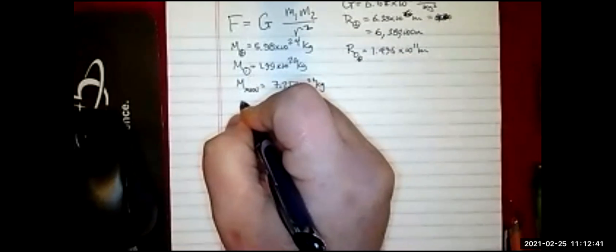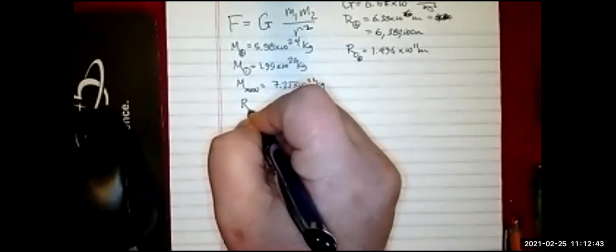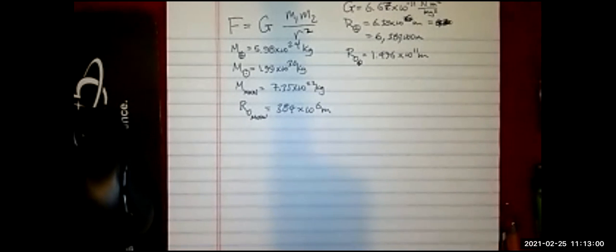And finally, the radius of the orbit for the moon is 384 times 10 to the 6th meters. That's a bunch of data that we'll be using in the problems, so I wanted to give you all that up front.